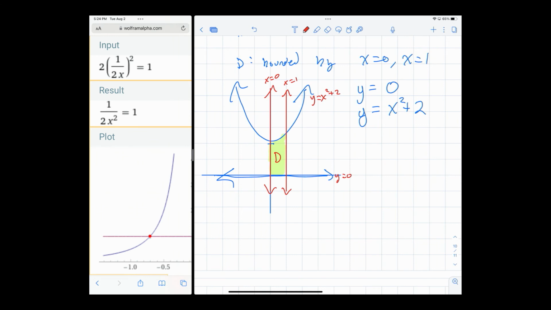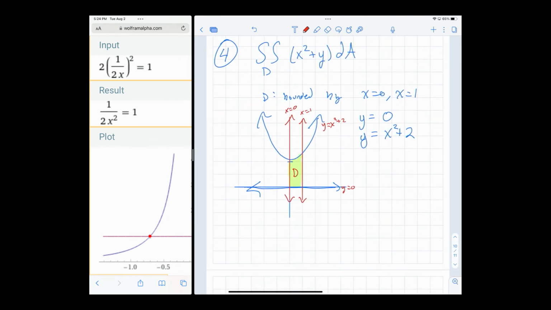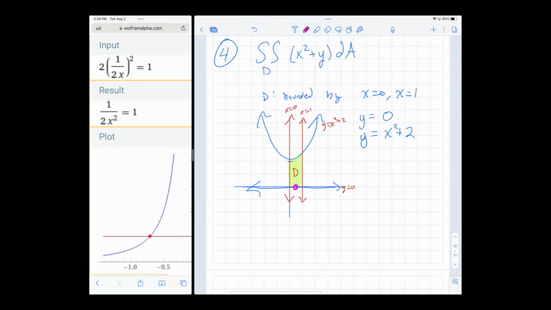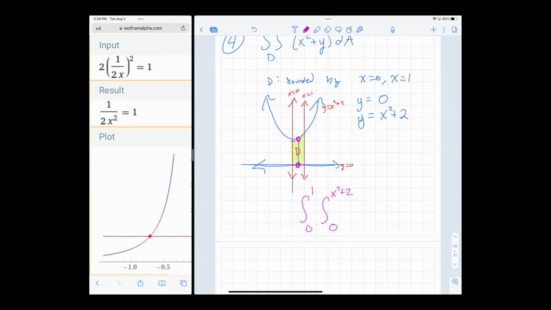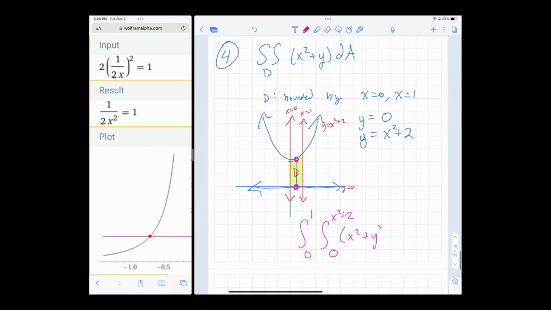That's the domain. Okay. So if we're trying to set up a double integral over that region, you just go from the bottom curve up to the top curve for your y integral. So we'll go 0 to x squared plus 2 for y. And then your x integral will be 0 and 1 for your minimum and maximum x values. And then we have our function, x squared plus y, dA.